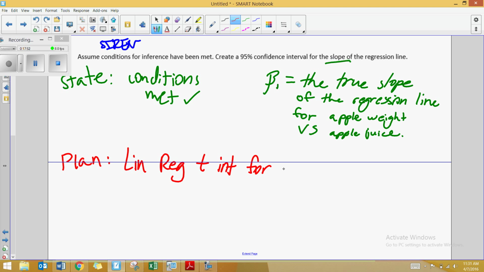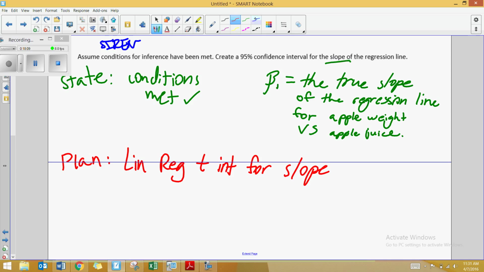Again, the calculator can do this for slope or for the y-intercept, so we want to clarify which one we plan to do, even though it's very rare that you would do this for the y-intercept.